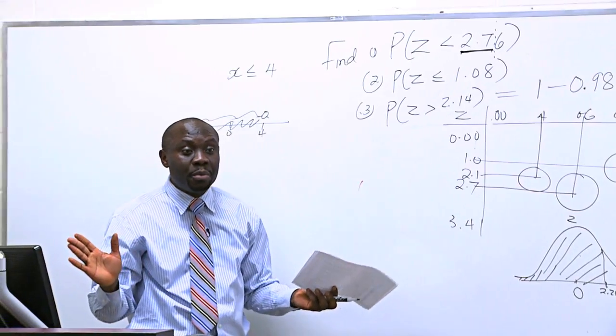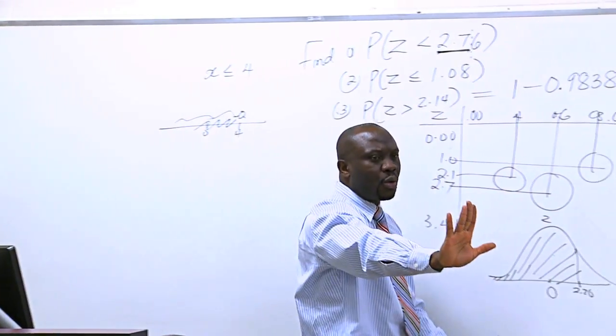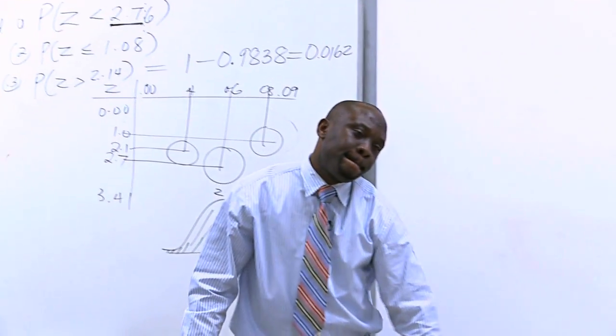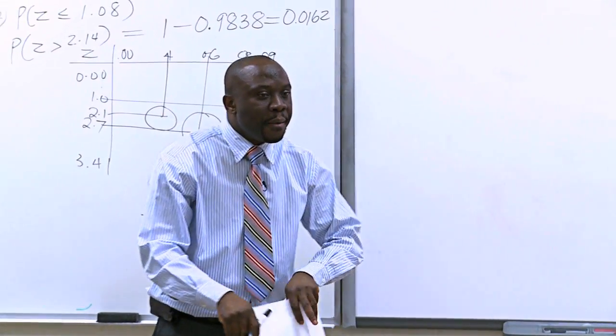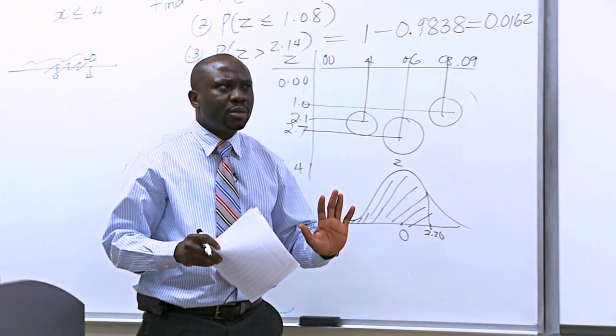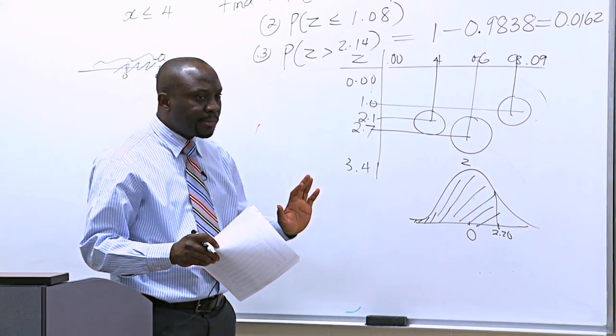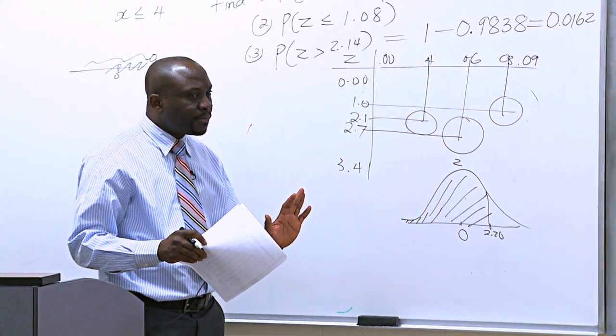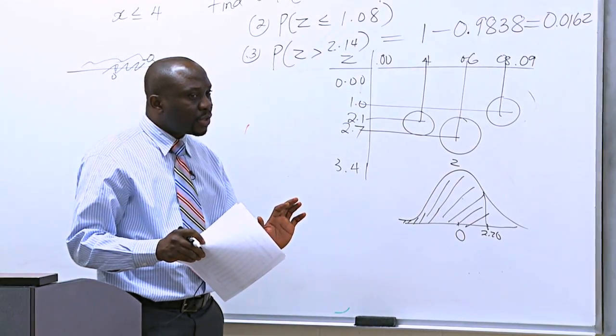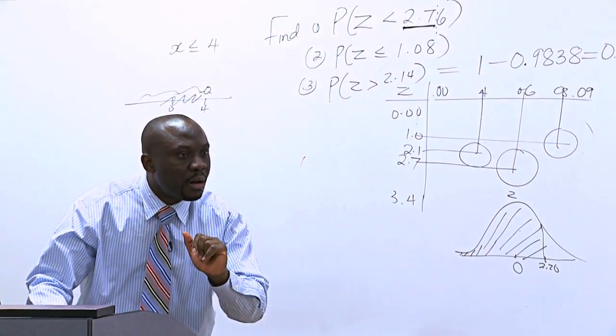Let's look at more examples. So if z is less than 1. Why are we using the 1?